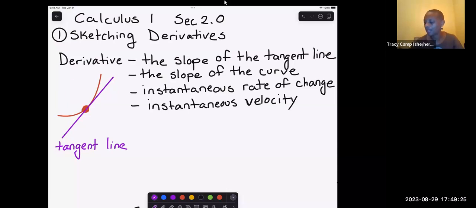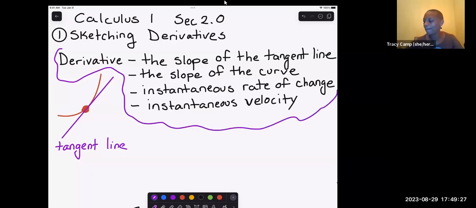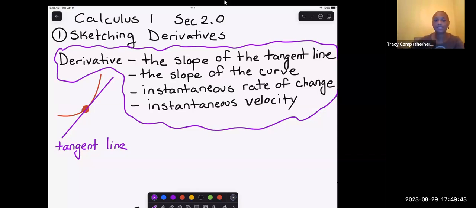All of this is the derivative. And again, the derivative is really just the slope of the tangent line. You can do a lot of stuff with the derivative. If you have a function that represents a situation, then the derivative will always represent the instantaneous rate of change.